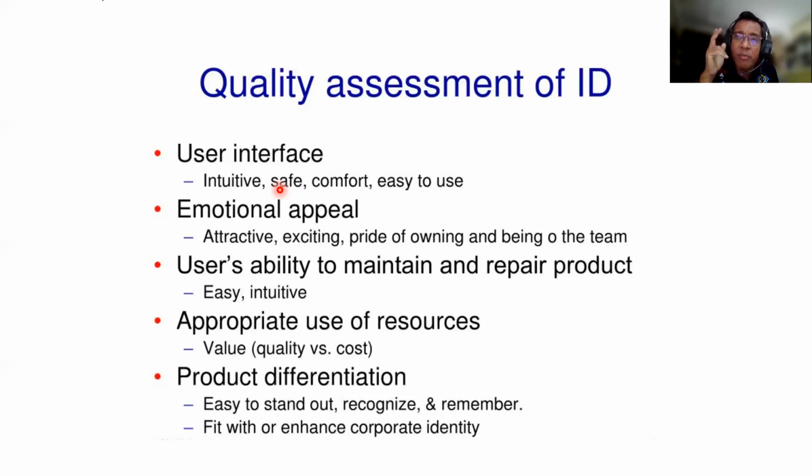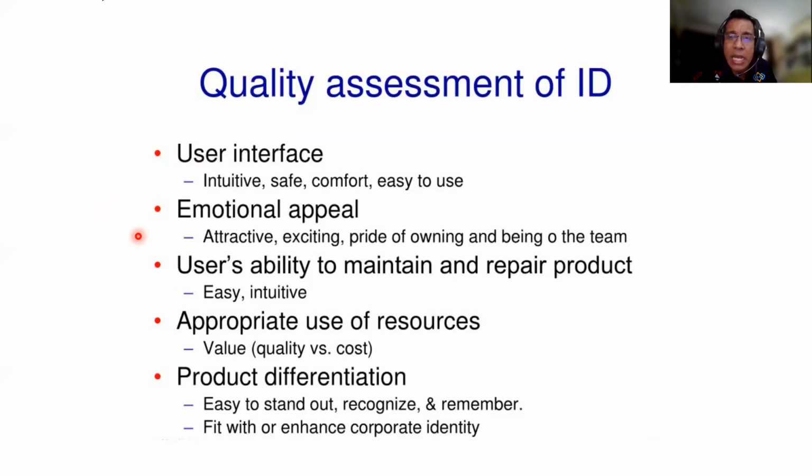Do the features of the product effectively communicate the operation to the user, for example? Is the product safe to use anytime, with all the safety features? So all of this is user interface quality.